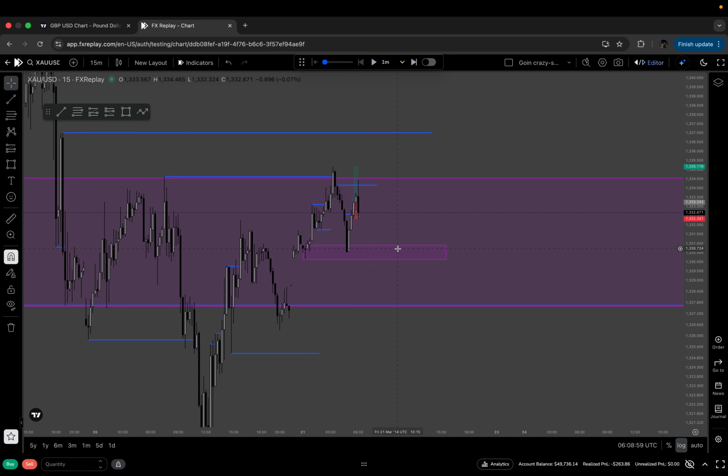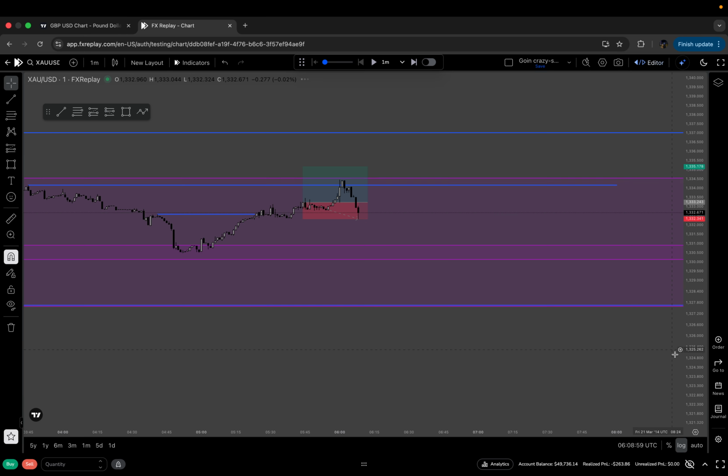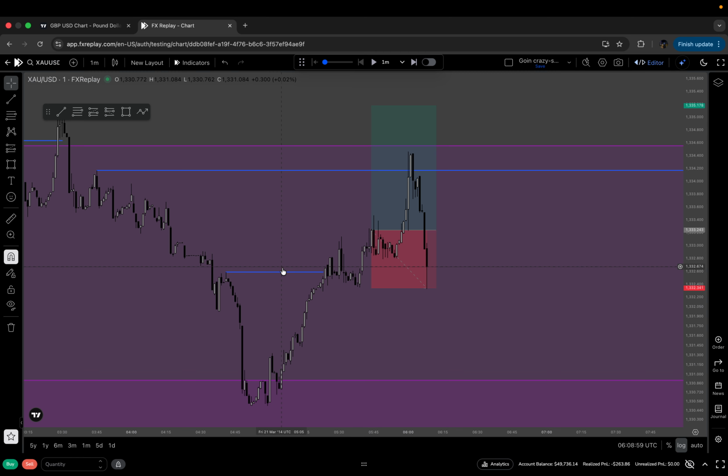And we get our POI, which is here. We get a confirmation out of our POI because we get a break of this high here.